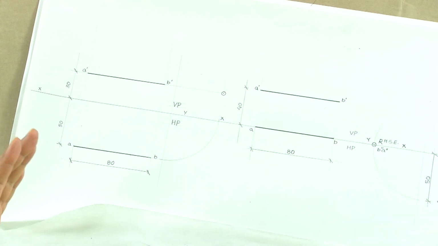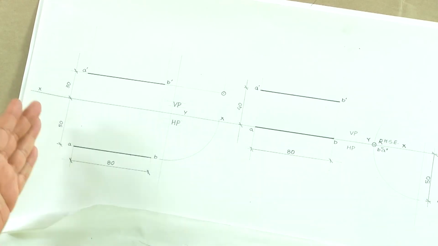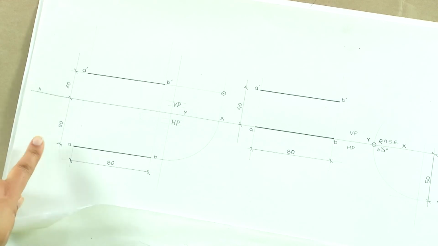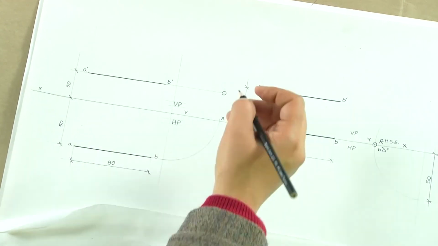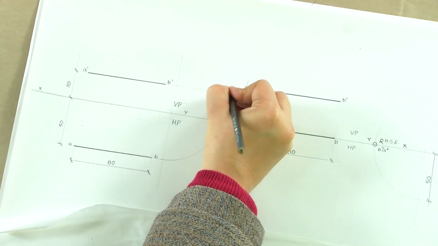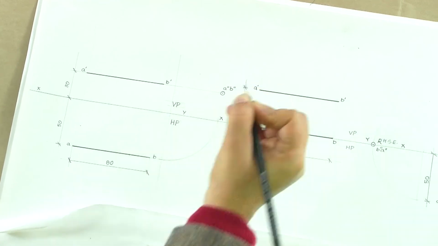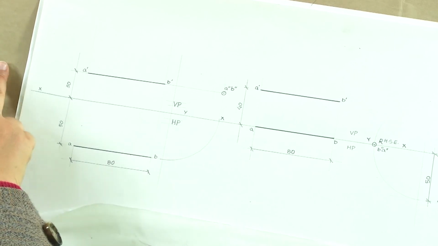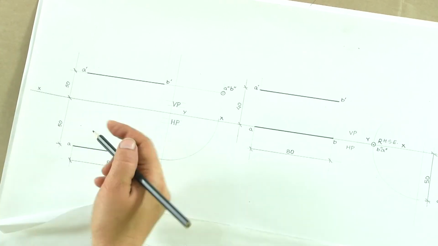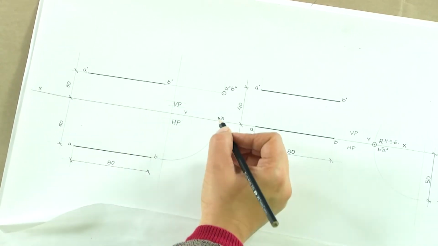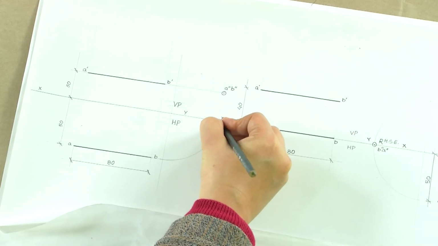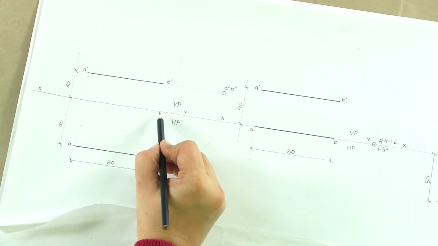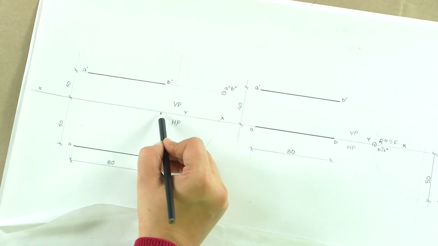Now, depending upon which side you are looking at it from. We were looking at it from the left hand side, so this becomes A double dash, B double dash, but it will still be a point. If we are drawing it on the other side, we would still have it taken up here. We could not have drawn it here because there is no projection line of B coming here.